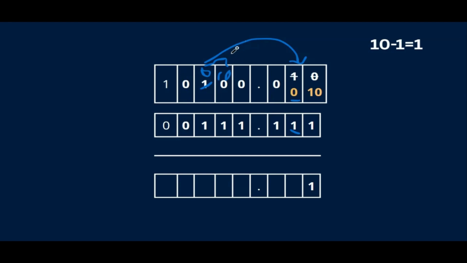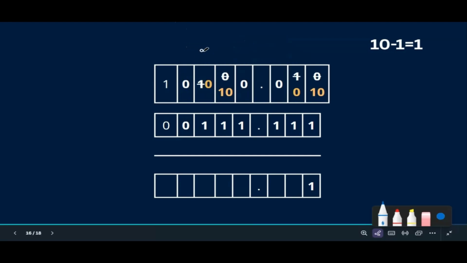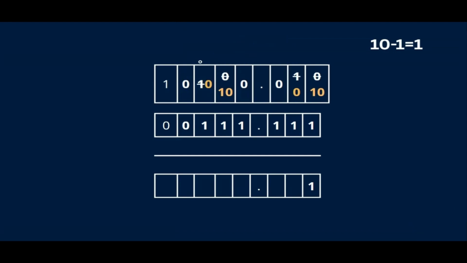Similarly, from here 1 is borrowed to this position, from here to this position. So the borrow was performed from this bit position to this bit position, so that this one becomes 0 and the 0 becomes 10.